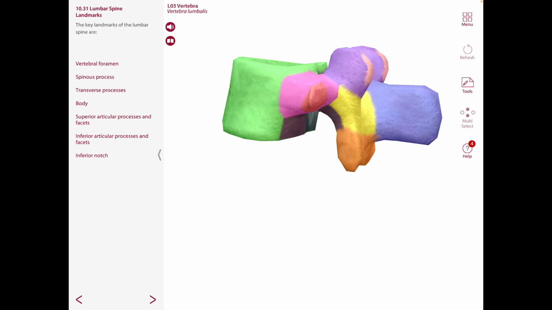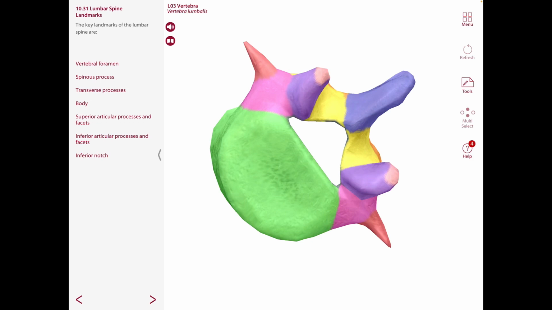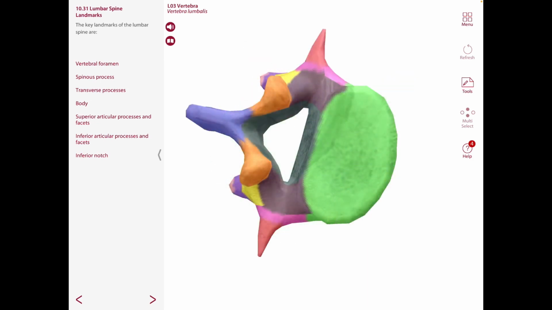It has no foramen transversarium or costal facets, and it has mammillary processes, which are small bony prominences located on the posterior aspect of the superior articular process. And it has accessory processes, which are small bony prominences located on the posterior aspect of the transverse processes near their origin from the vertebral arch.